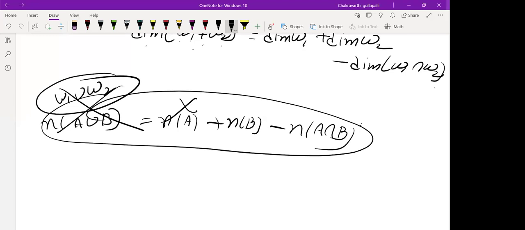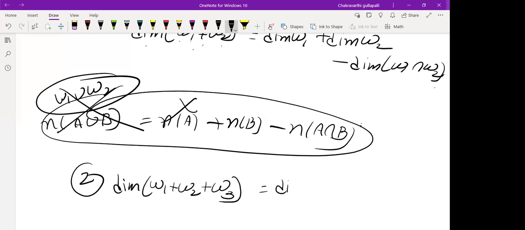How about 3 subspaces? What is the formula? Dimension of W1 plus W2 plus W3 is equal to dimension of W1 plus dimension of W2 plus dimension of W3 minus their intersections.